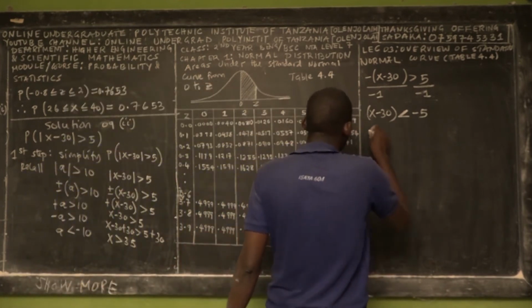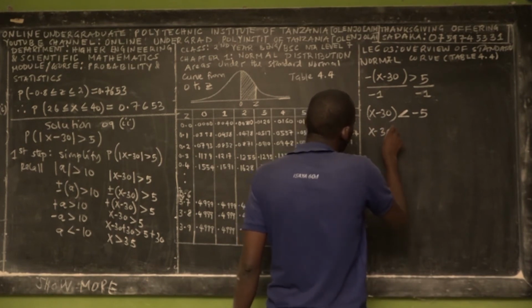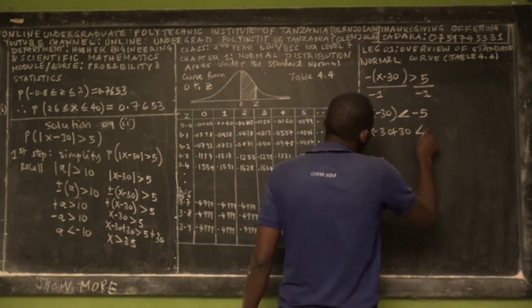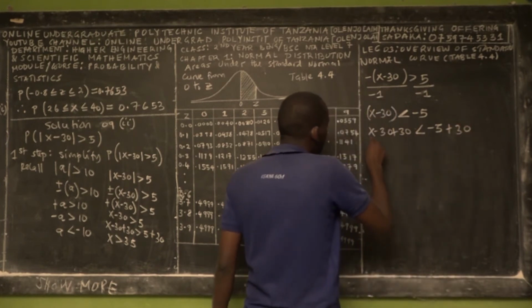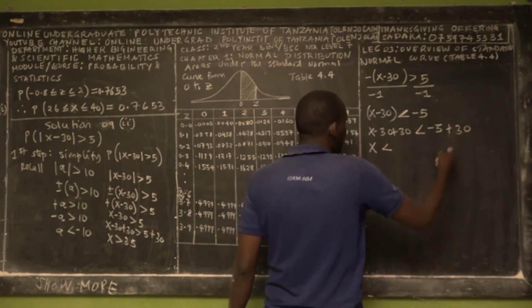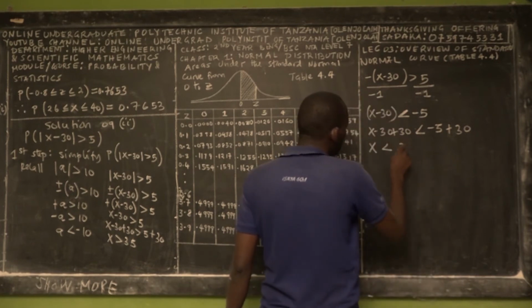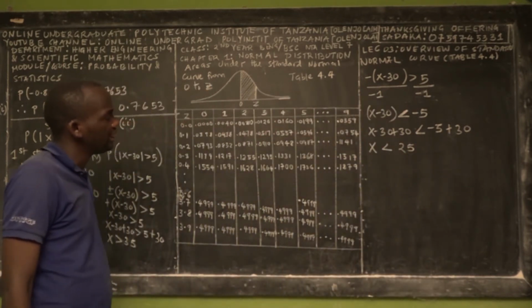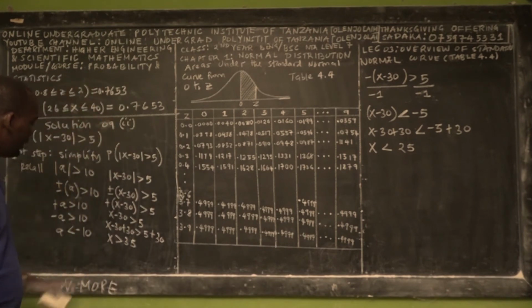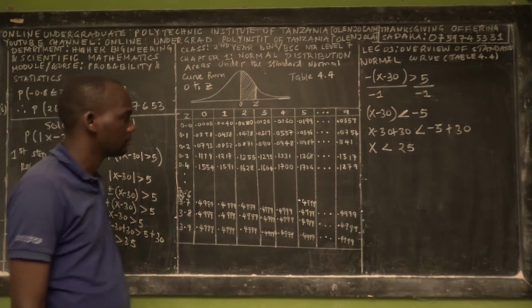So x minus 30 plus 30 is less than negative 5 plus 30. So x is less than negative 5 plus 30, which is 25. So x is less than 25 and x is greater than 35. You have to be careful with this problem.